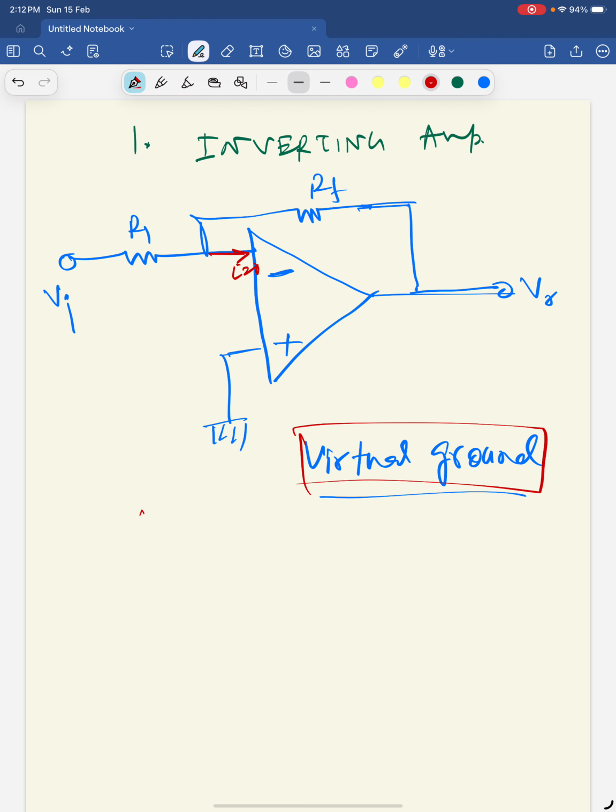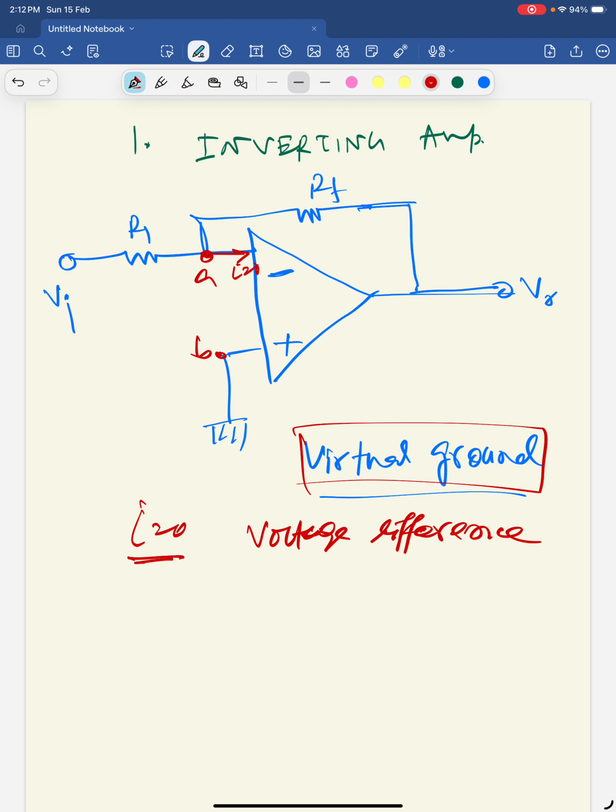That means the voltage difference between, if this is A and this is B, VA minus VB must be 0. We know that if there is no potential difference, current must be 0. So in that case, VA is equal to VB.